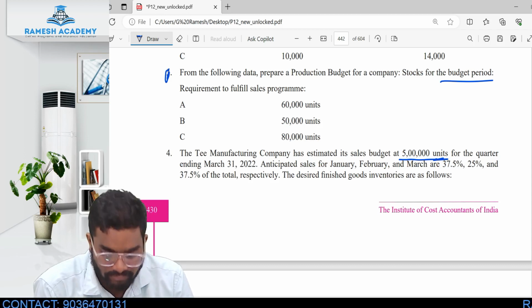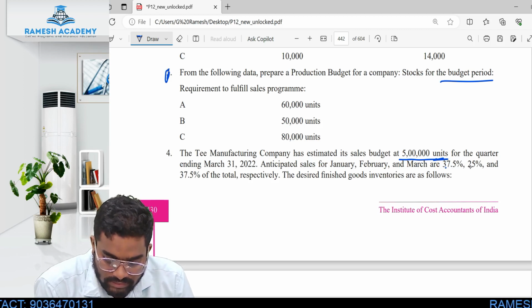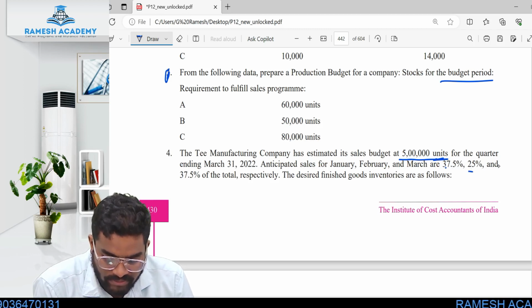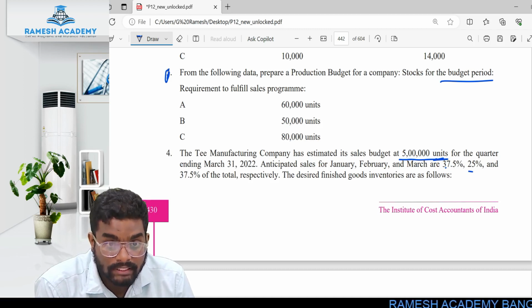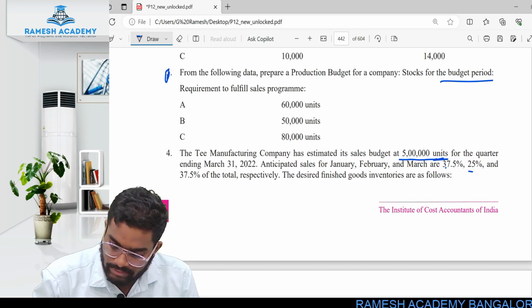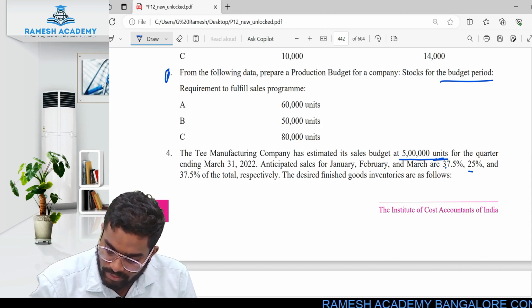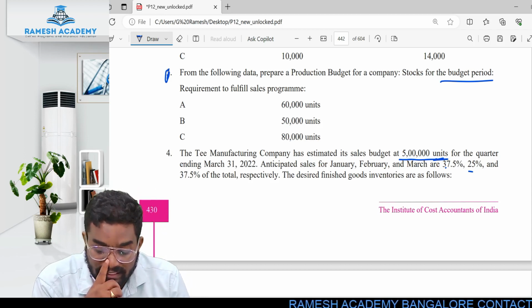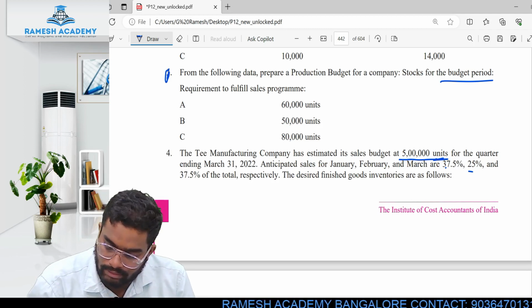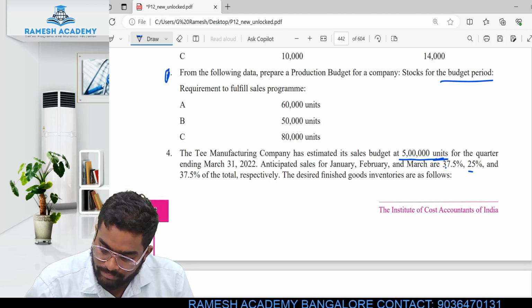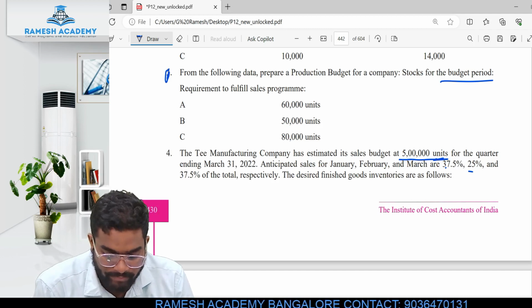Anticipated sales for January, February and March is 37.5%, 25% and 37.5%. So in a quarter they are selling 5 lakh units, but 5 lakh into 37.5% which is 1,87,500 they'll sell in January and March, and 5 lakh into 25%, which is 1,25,000 in February.